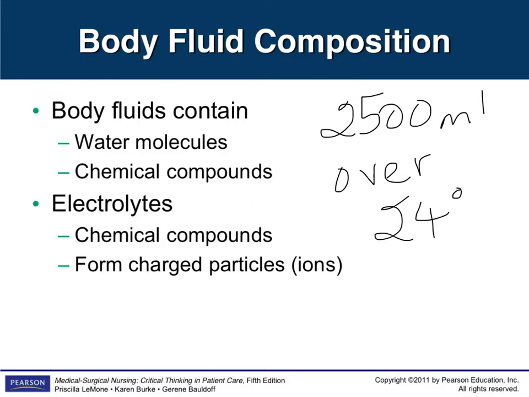Also, when we think of urine per day, that is required to excrete metabolic waste, because we know it is important for our body to get rid of that waste. If we do not get rid of that waste in our body, we have this toxic buildup, and that is not good. So in order to excrete the waste, it's 300 to 400 milliliters a day.